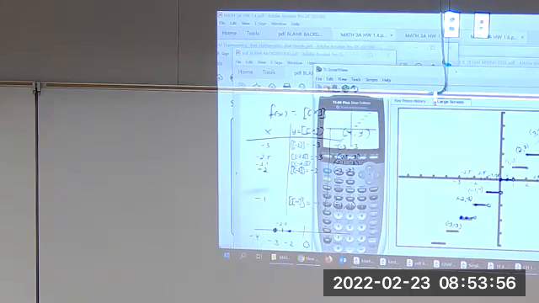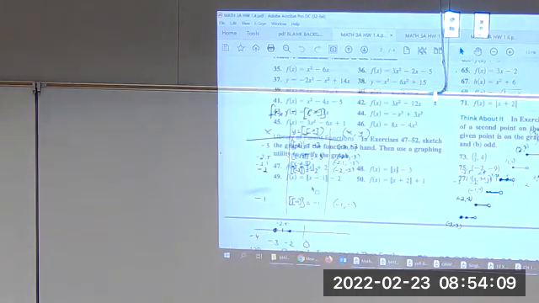So number 47 on the homework. They wanted the step of x, and then we add 2. So this is going to help us do 1.5 when it comes around.